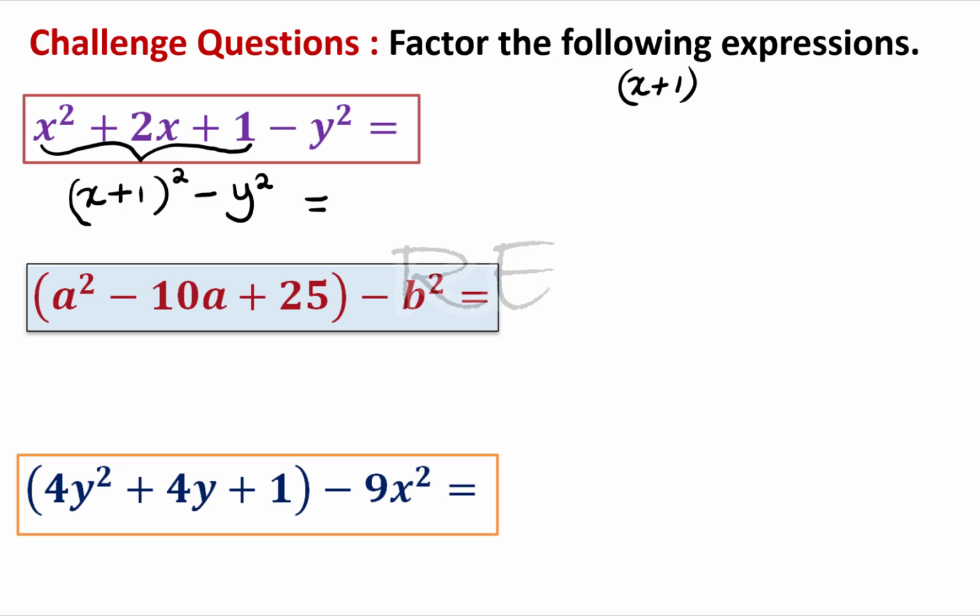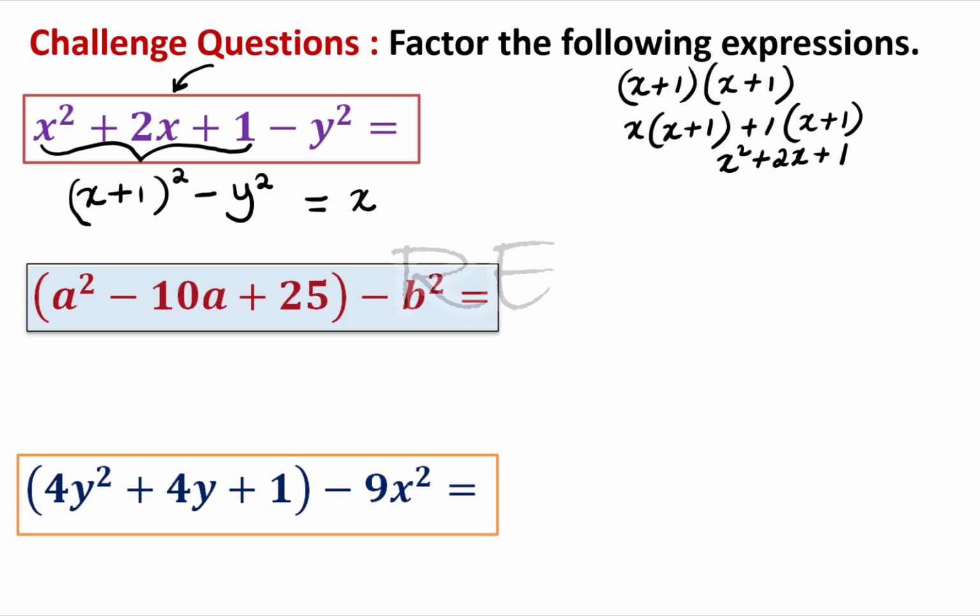X plus 1 times x plus 1 is x plus 1 squared. So it's x times x plus 1 plus 1 times x plus 1. We're going to have x squared, x plus x, 2x plus 1. So this is a perfect square.